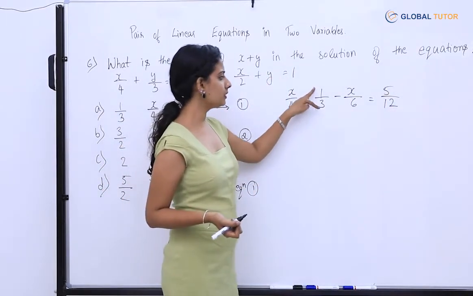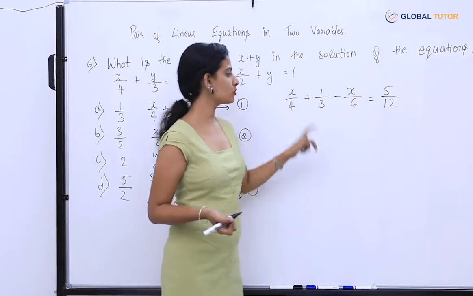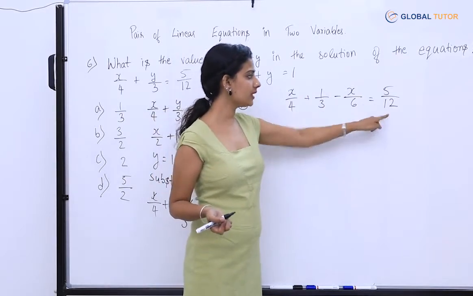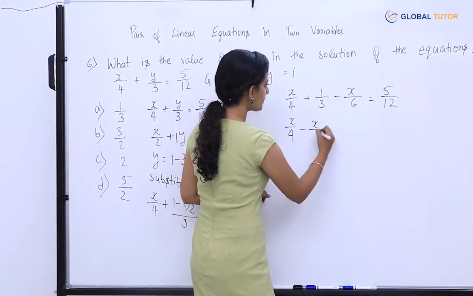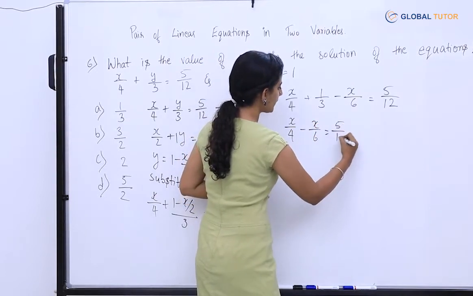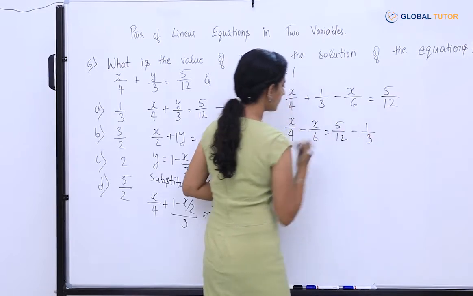We are going to keep the constant towards one side. So I am shifting 1 by 3 towards the right hand side. So this becomes x by 4 minus x by 6 is equal to 5 by 12 minus 1 by 3.